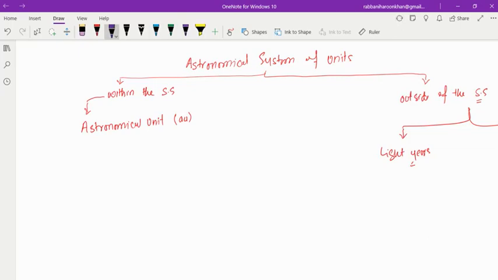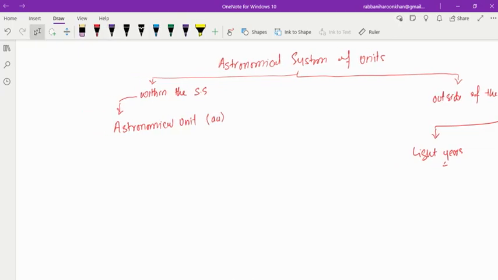So if we talk about the astronomical unit, which is within the solar system, we measure the distance between planets and the Sun with respect to the Sun and Earth.